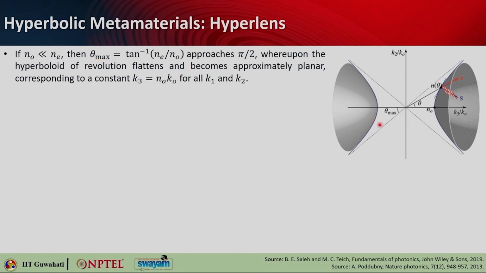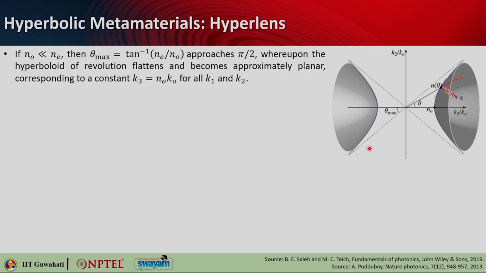So this surface at 90 degrees means like this. This surface is almost becoming a plane. So the hyperboloid of revolution flattens and therefore approximately becomes planar, and when it becomes planar, it will correspond to a constant k3.